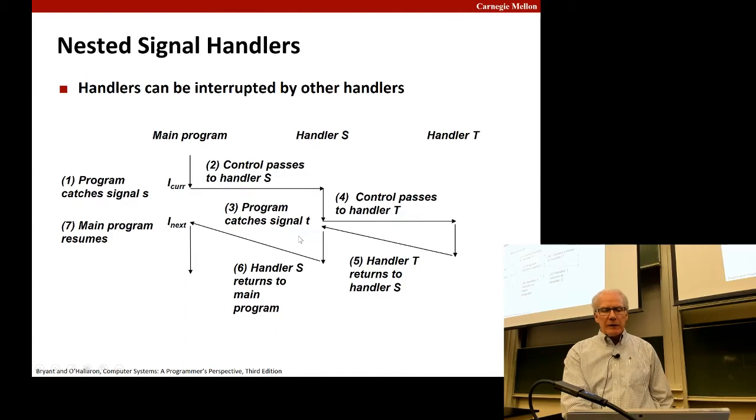And possibly this is why the idea of blocking exists: maybe this handler didn't want any other signals to be able to interrupt it. So this handler can block signals. And in fact, every time a signal invokes a handler, it automatically blocks that particular signal type. So you can't get a sort of unbounded loop of the same handler being called.